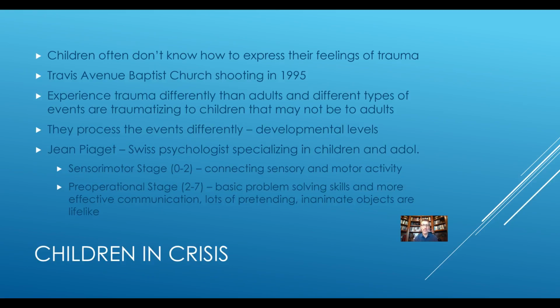And I love Piaget. He loved children. He was brilliant. And he was one of the first to really lay out the different stages of development. In other words, he was the first one to say that a kid's brain is very different in terms of how it processes information.